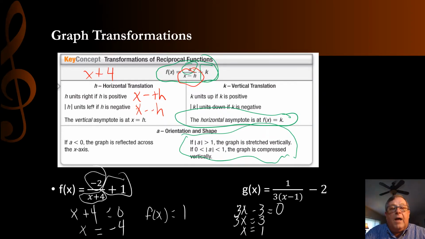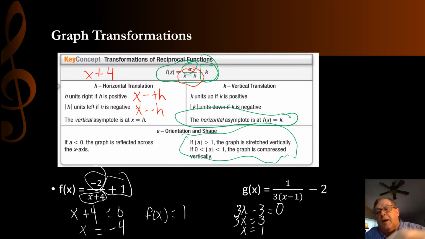And so my vertical asymptote is going to be at x equals 1. In a way, I don't really even have to distribute that. I could just deal with what's in the parentheses, the x minus 1, set it equal to 0, and I'll come up with the same thing: a horizontal translation of positive 1.